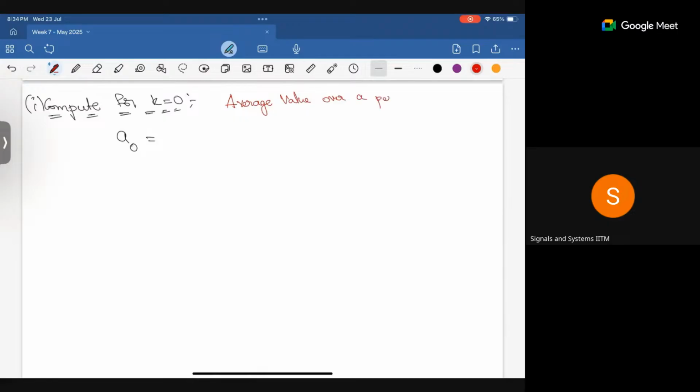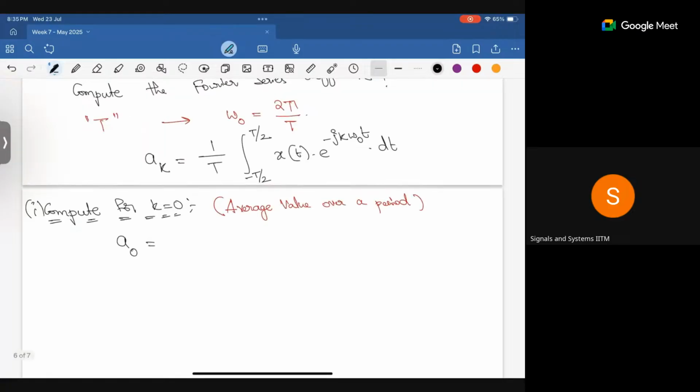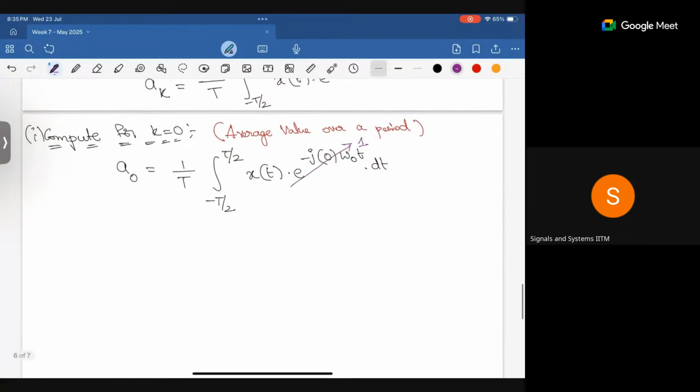After computing you'll see this. If you substitute k equals 0 in this analysis equation, you get 1 by T integral from minus T by 2 to T by 2 of x of t into e power minus j, k is 0, so omega naught t dt. Since k is 0, this whole term becomes 1.